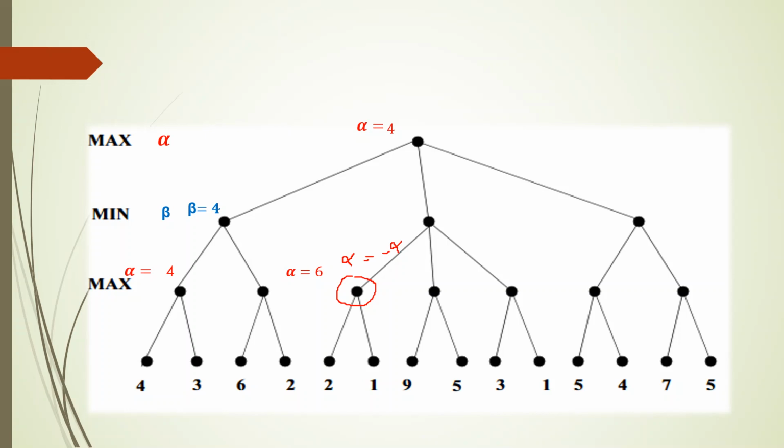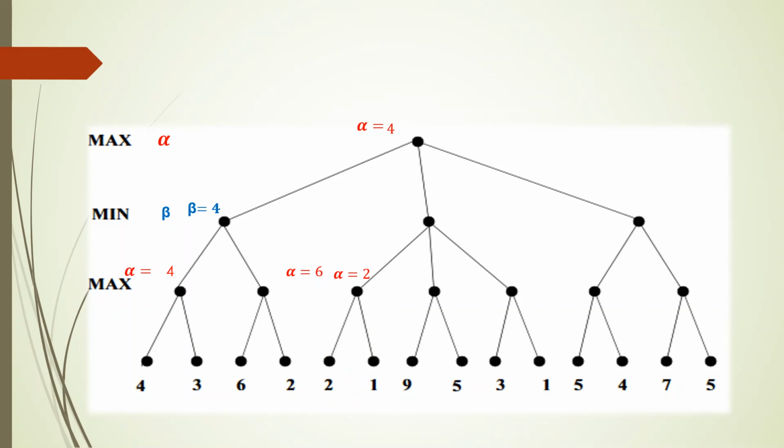So max will compare this node with minus infinity. Minus infinity is less than 2, so max will adopt this value 2. So the value at this node is equal to 2.